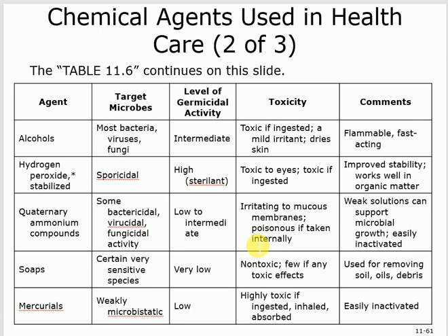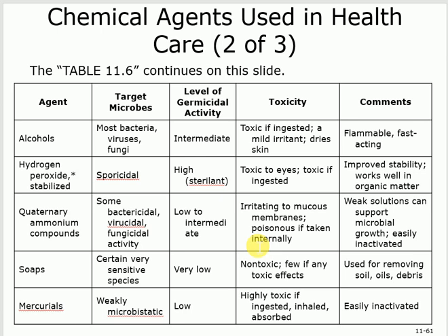Ammonium compounds. Soap, this is very low, but you're using it to get rid of the vegetative form at least. Mercury, it's bacteriostatic only, which is low.